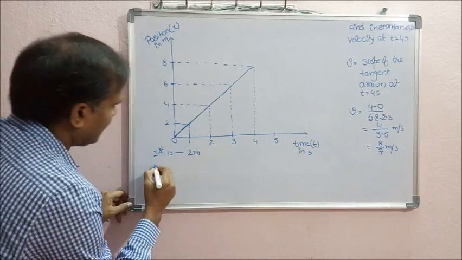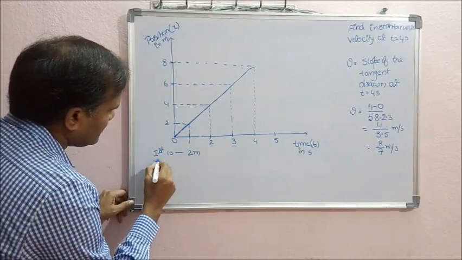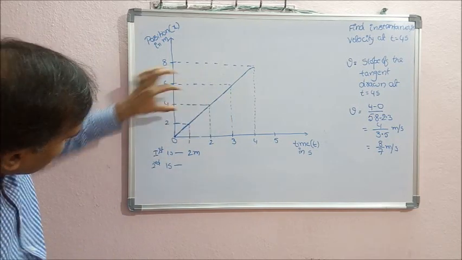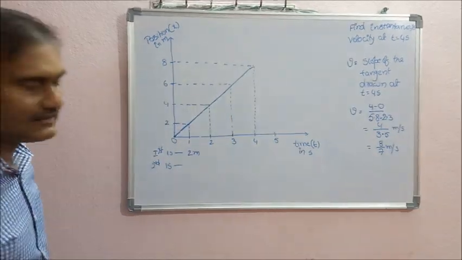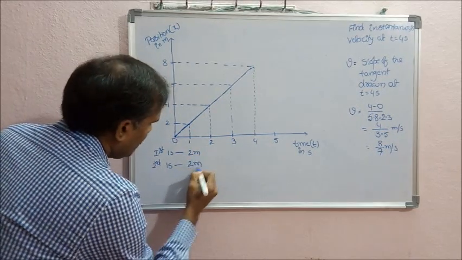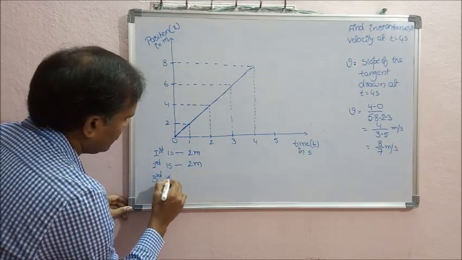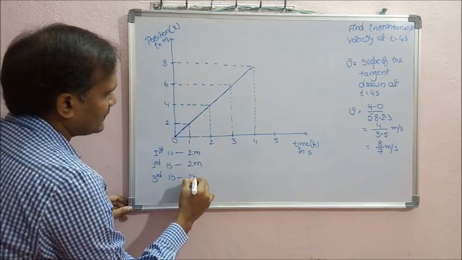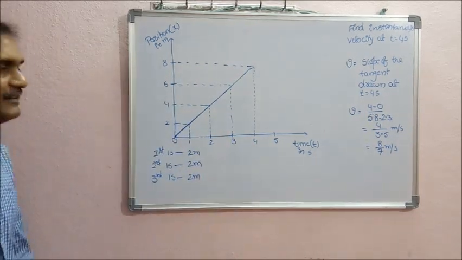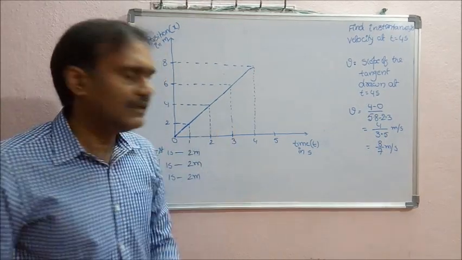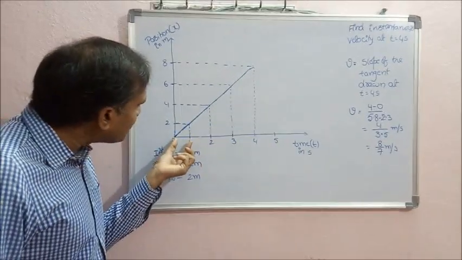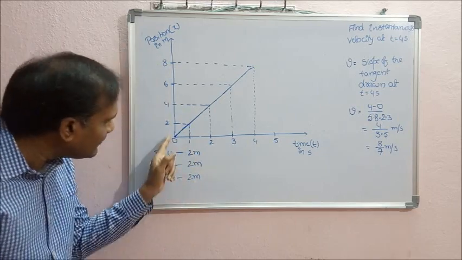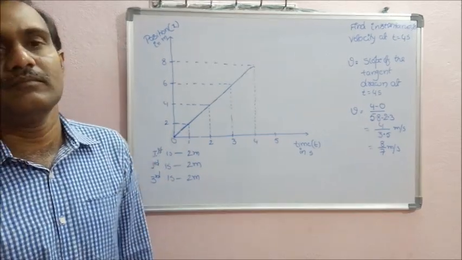In the next 1 second, how much displacement does it cover? 2 meters. In third 1 second, displacement is 2 meters. That is, here the particle is having equal displacements in equal intervals of time.